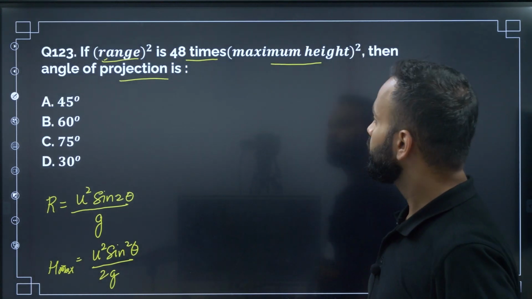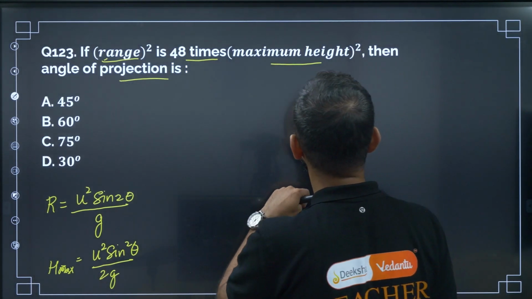In the question they have given range square is equal to 48 times maximum height square.